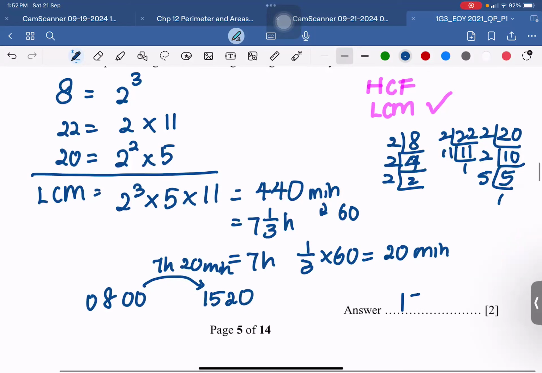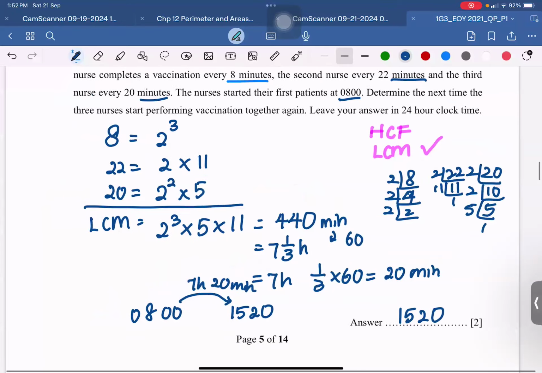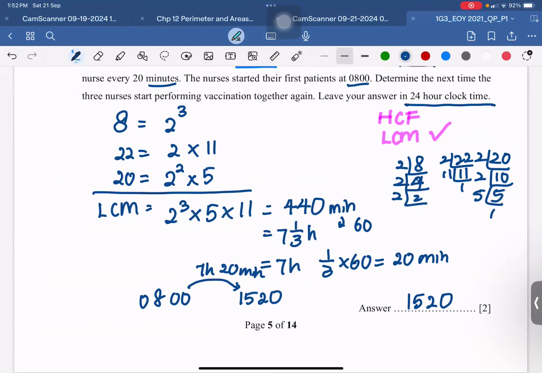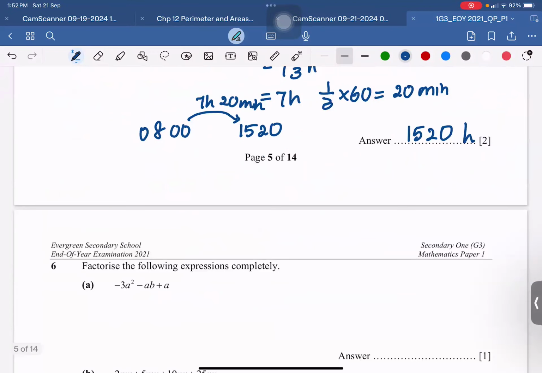Okay, so this one is your answer. Farha, are you okay with this? Yeah. Okay, good. Leave your answer in 24-hour clock timing. So don't write the PM. Just leave it in hours in this timing.